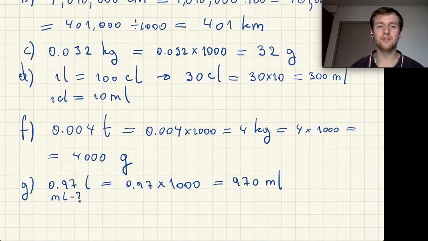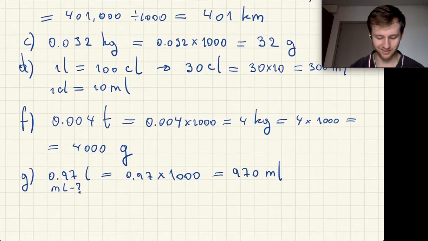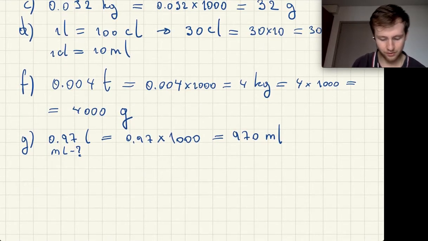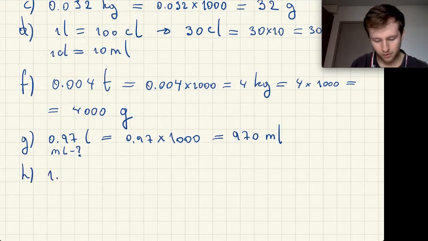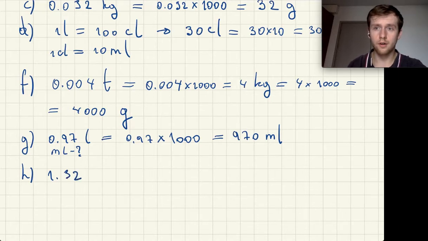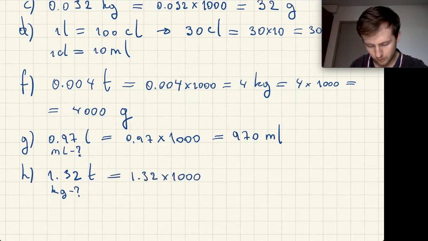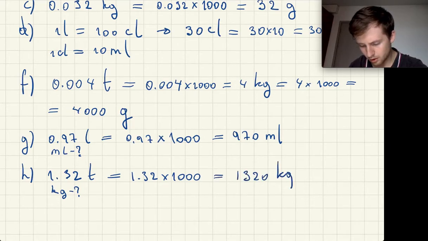So tons to kilograms, 1.32 tons converted to kilograms. So that's 1.32 times 1,000, which is equal to 1,320 kilograms.